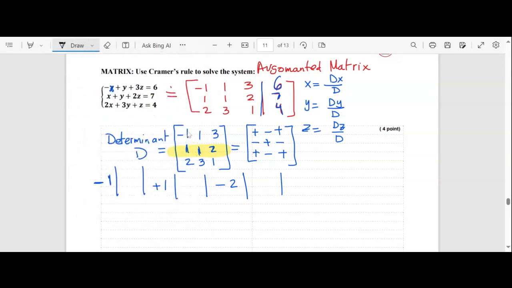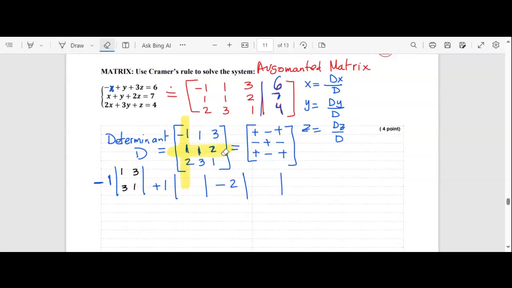What are the values here? 1, 3, 3, 1. How did I get this? Very easy. All you have to do is to see what is the number. The number here is 1. So you hide the column and you hide the row. Okay?